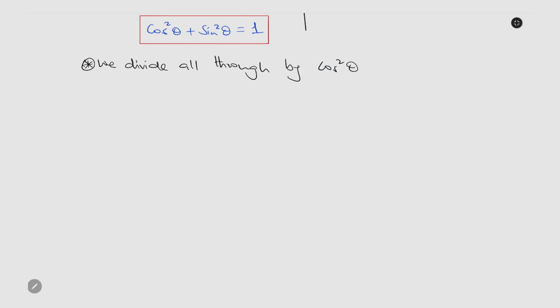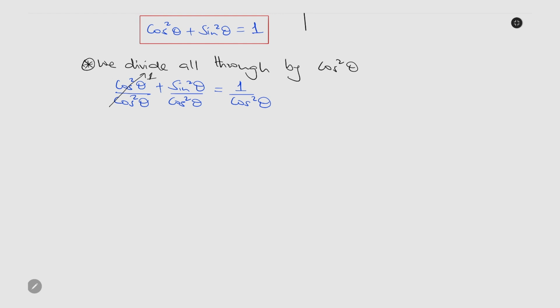If we divide all through by cos squared theta, we are going to have cos squared theta over cos squared theta plus sine squared theta over cos squared theta is equal to 1 over cos squared theta. Of course we can see that the first term will be 1.